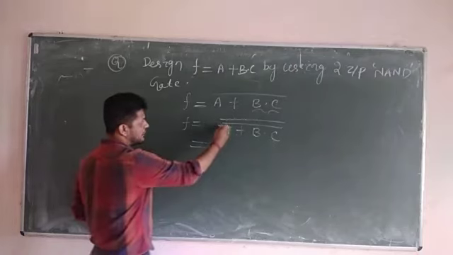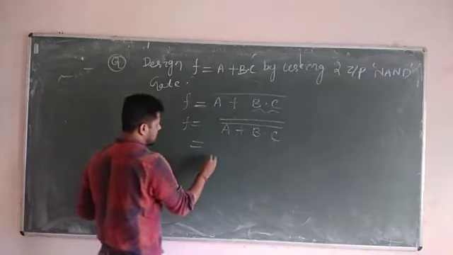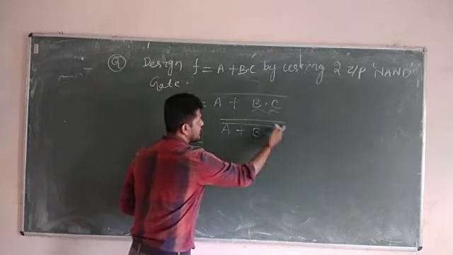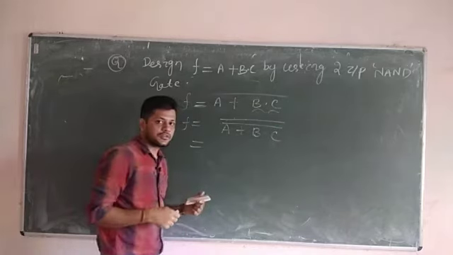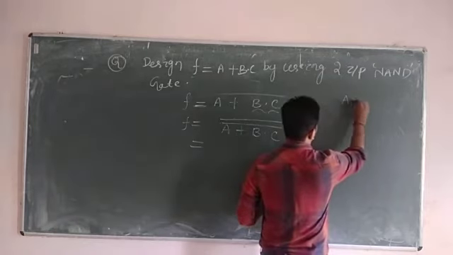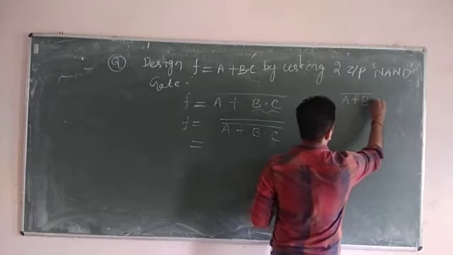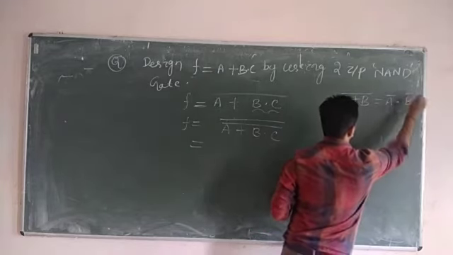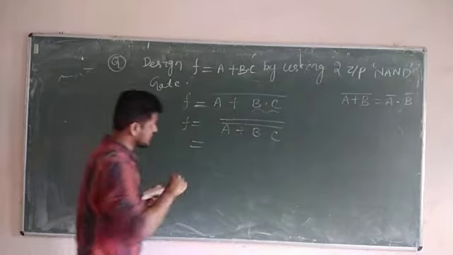The first step is applying the whole bar. Then this inner bar I am going to open. To open it, we already know A or B whole bar is equal to A bar and B bar from De Morgan's law.